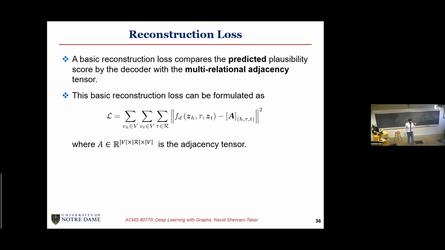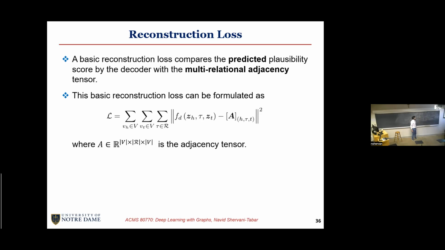Using that, we want to reconstruct our adjacency tensor. And when we say adjacency tensor, it is because it is multi-relational. So it is a tensor of V by V by tau, where we have the total number of relation types on this graph, and we show the set of them with a calligraphic letter.